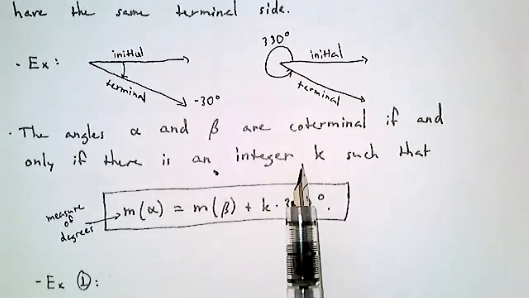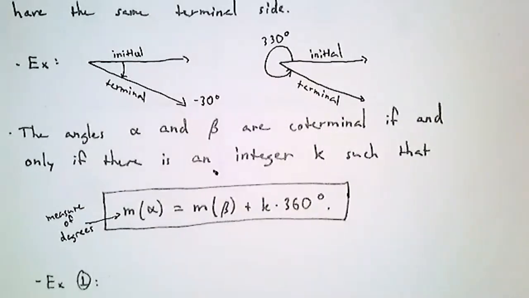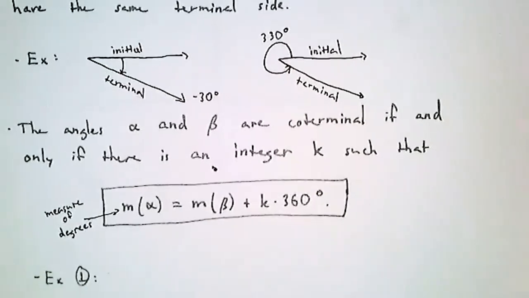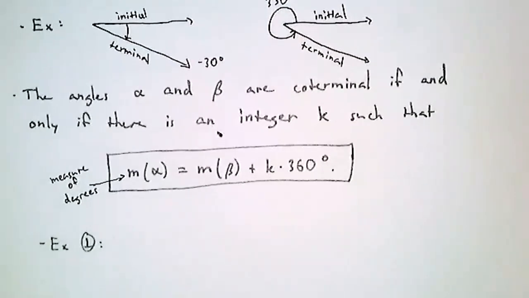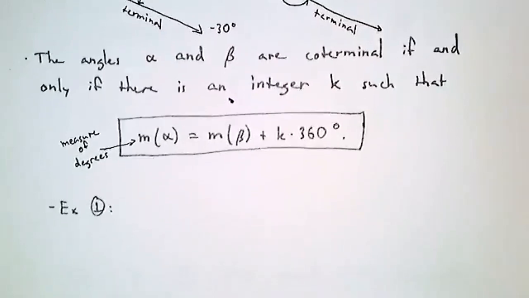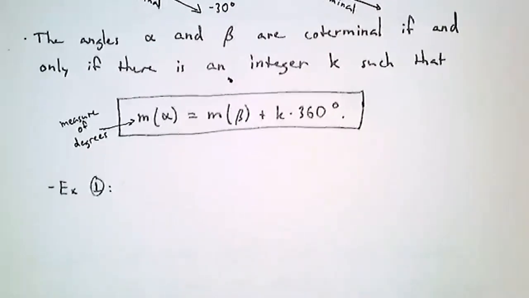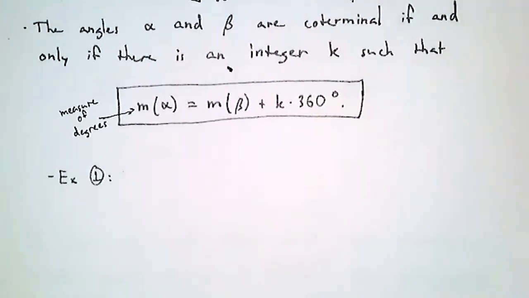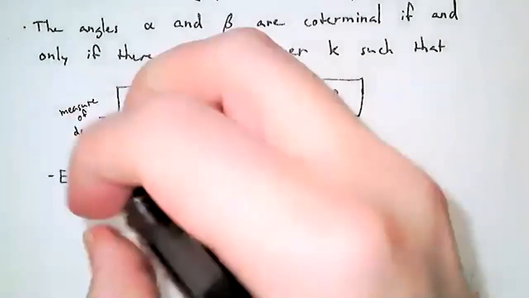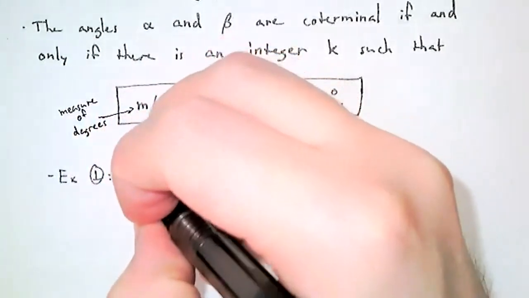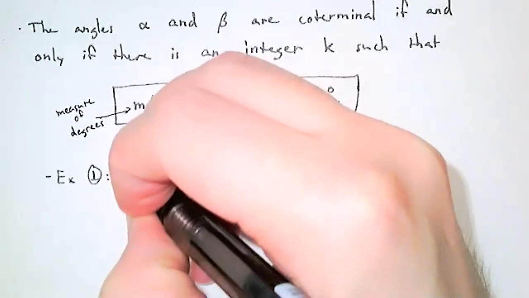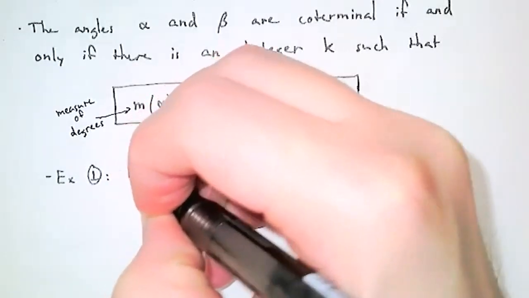It's an integer, which means it can be a 0, or it could be a positive integer like 1, 2, and 3, or it could be a negative integer like -1, -2, or -3. So that feels a bit abstract. Let's try to make it more concrete by finding angles that are coterminal with 90 degrees.